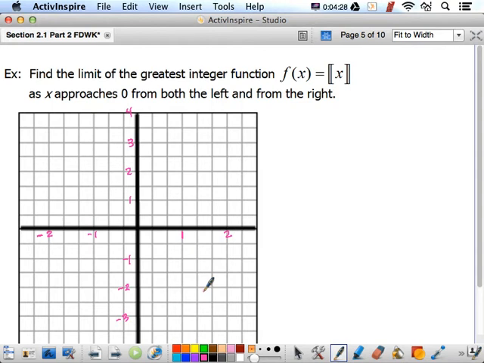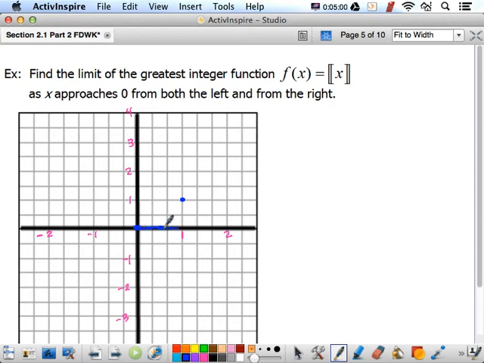Okay, so let's talk about the greatest integer function. If I put, let's say, 0 in, what's my answer? 0. If I put 0.5 in, what's my answer? 0. If I put 1 in, what's my answer? 1. That's where it jumps, right? If I put in any number between 0 and 1, it goes to 0. It rounds it down.